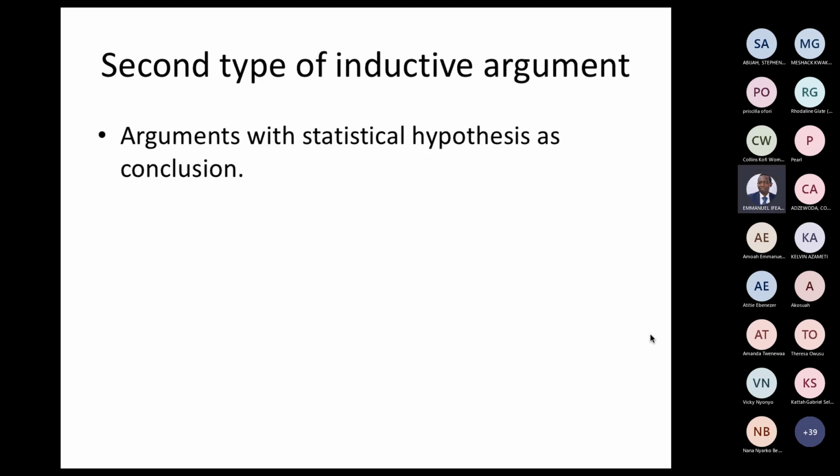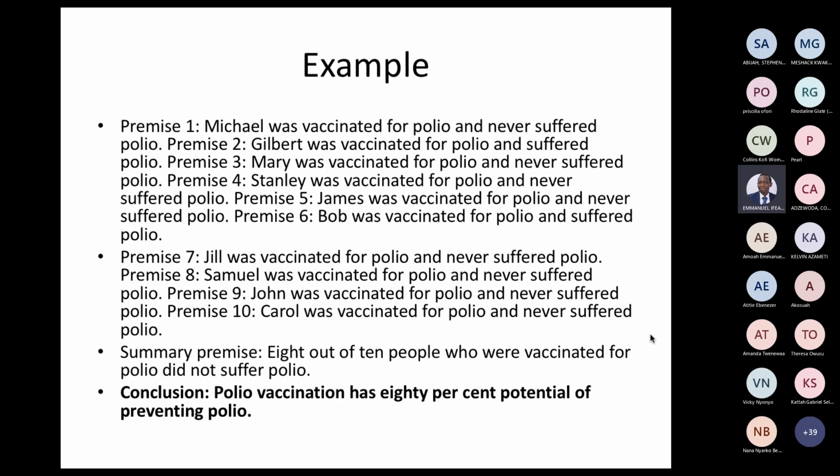Now let's look at the second type of inductive argument, the arguments with statistical hypotheses as conclusion. Example, premise 1. Michael was vaccinated for polio and never suffered polio. Gilbert was vaccinated for polio and suffered polio.